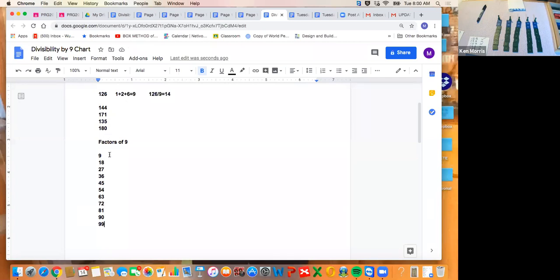Okay, so if you add up the digits here, it is just 9, so of course that equals 9. If you look at 18, 1 plus 8 equals 9. 27, 2 plus 7 equals 9, so on and so forth.